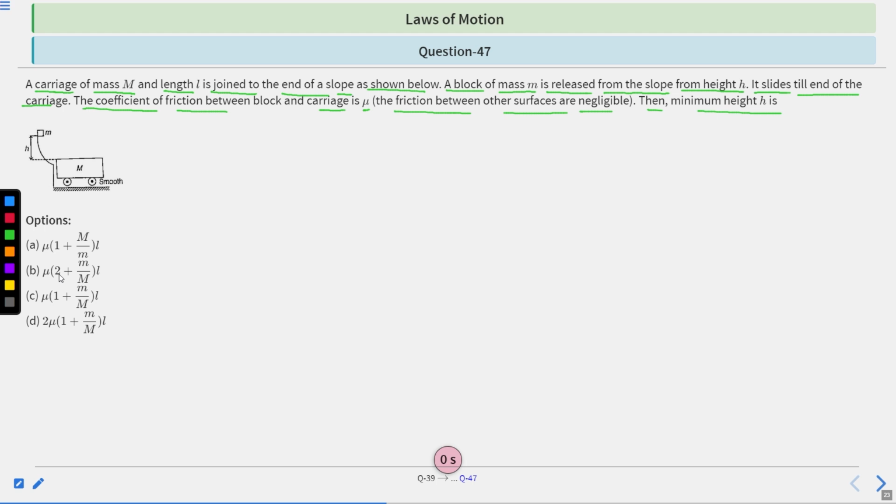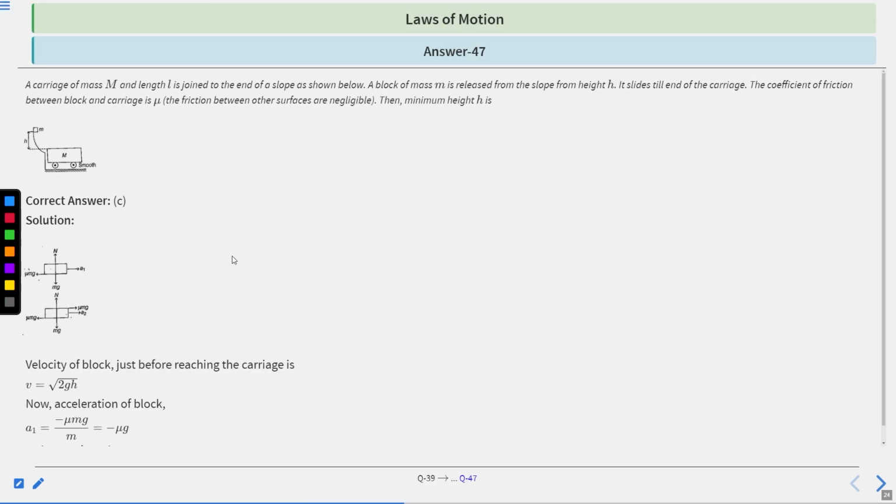Let's find a solution. The velocity of the block just before reaching the carriage is v equal to root 2gh. Now the acceleration of the block a1 equals minus mu mg divided by m, where m cancels out, so a1 equals minus mu g.